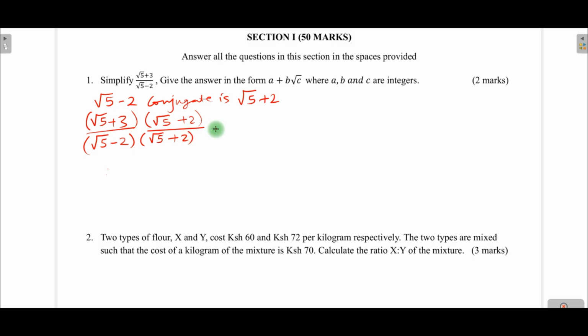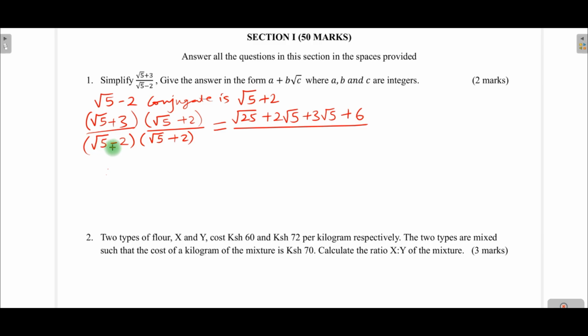And therefore, if we do so, here we multiply: root 5 times root 5, we get square root of 25, then root 5 times 2, we get plus 2 root 5, then 3 times root 5, we get plus 3 root 5, then 3 times 2, we get plus 6, all over.